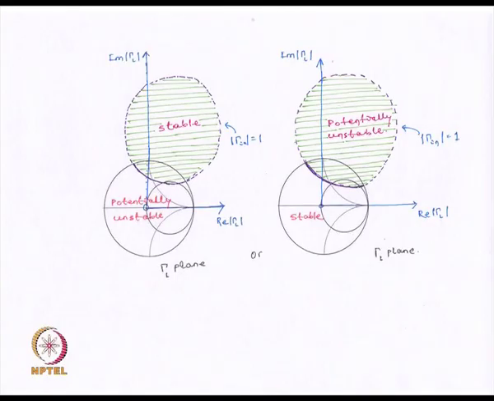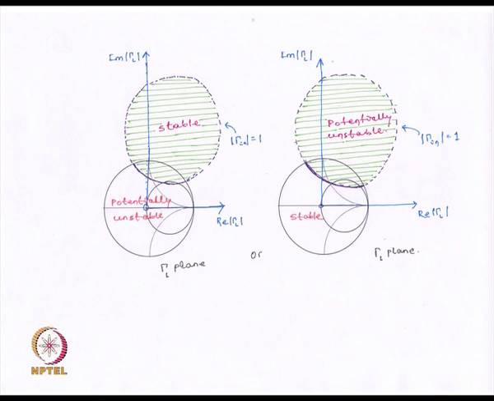So, suppose this is our Smith chart. This is the unit circle in the Smith chart, and this horizontally shaded region is our output stability circle.